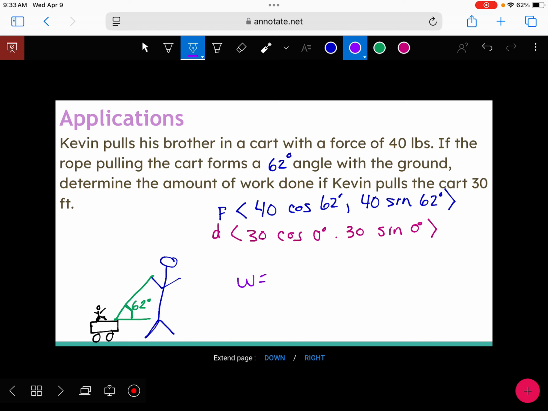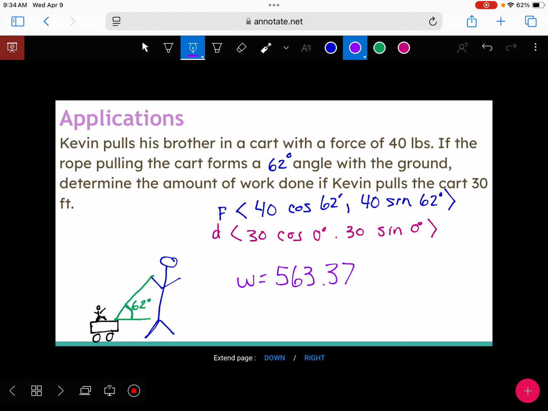I genuinely don't have an answer because I did this with the wrong angle. What did you get? 563.7. That's what I got as well. 563.37.